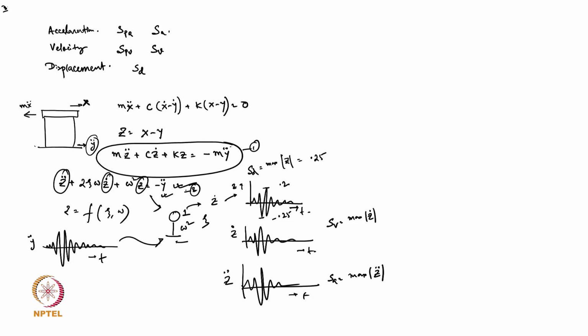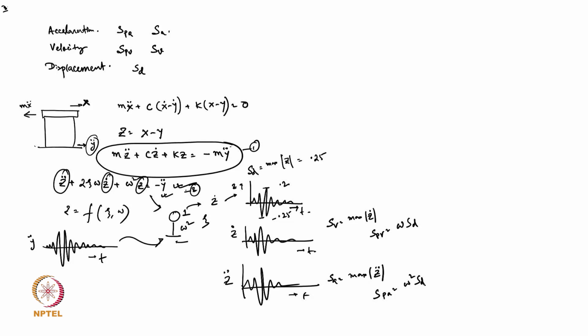Now the question comes, what are the pseudo quantities? We have seen that SD has no pseudo. SD is SD only. The pseudo business comes in the SV and SA. So SPV, the pseudo spectral velocity, is omega into SD, and SPA equals omega square into SD.